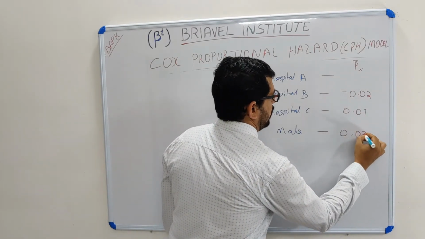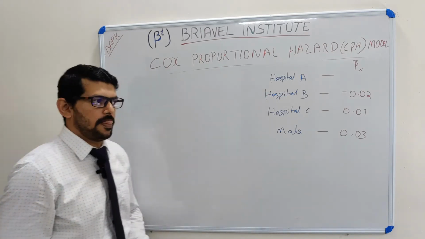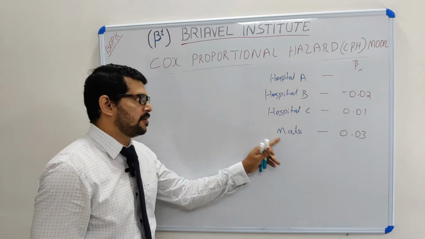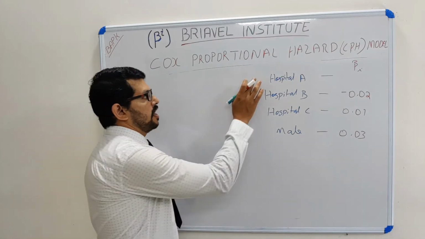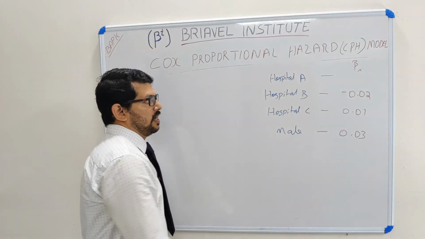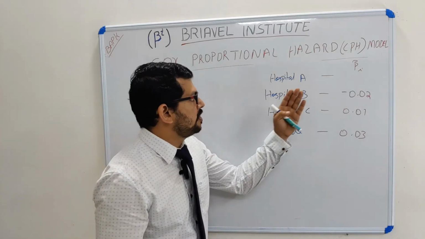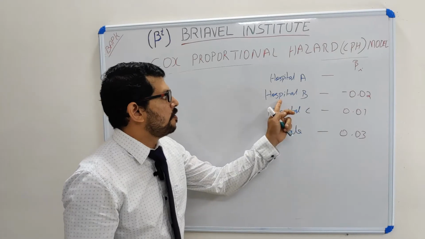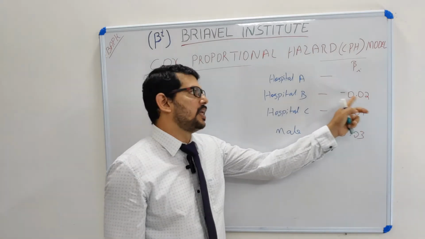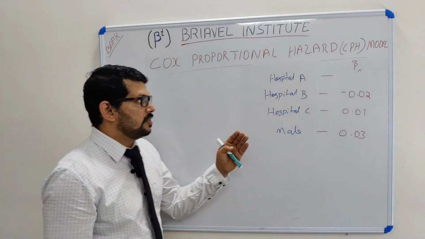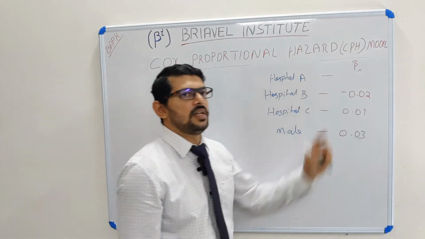If the person is male, it is 0.03. The person wants to have an operation in one of the 3 hospitals, male or female, whatever it may be. So their regression values are given. Just looking at this question, we can understand that hospital B's regression value is negative, so the hazard rate will be less in hospital B. You have to understand this on first looking at the problem.